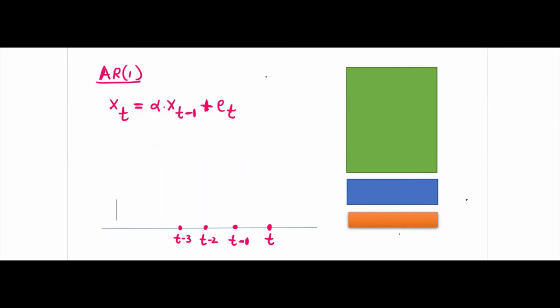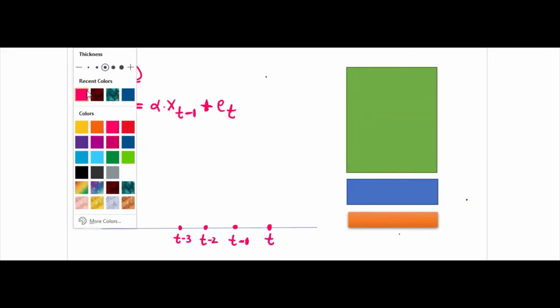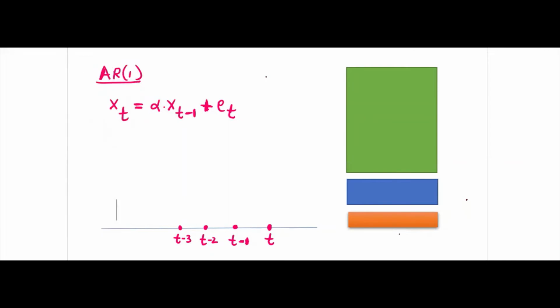But if you see the dependency, the value at t is strongly dependent on the value at t minus 1. Not only that, when I write xt minus 1 here, I will get alpha xt minus 2 plus et minus 1.